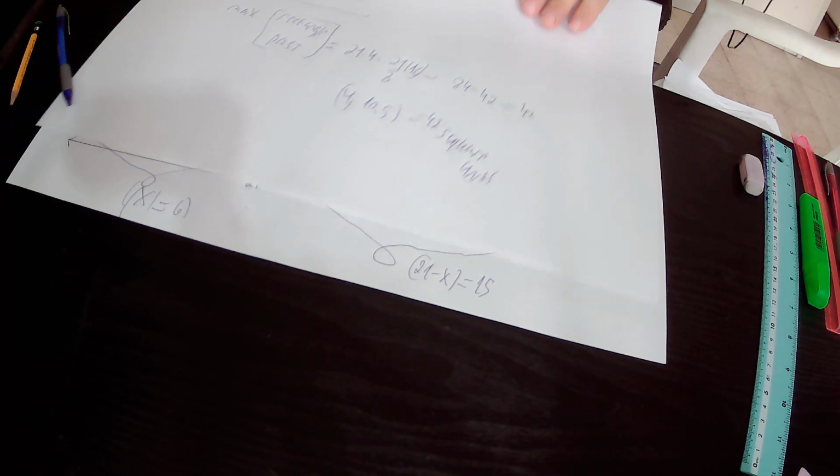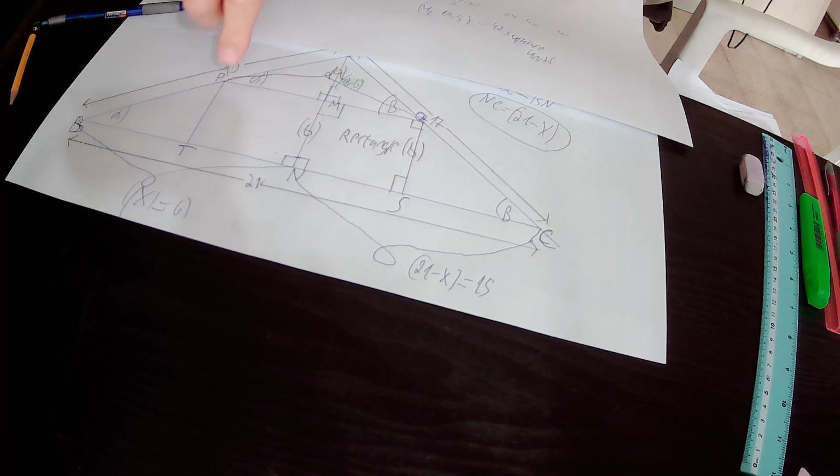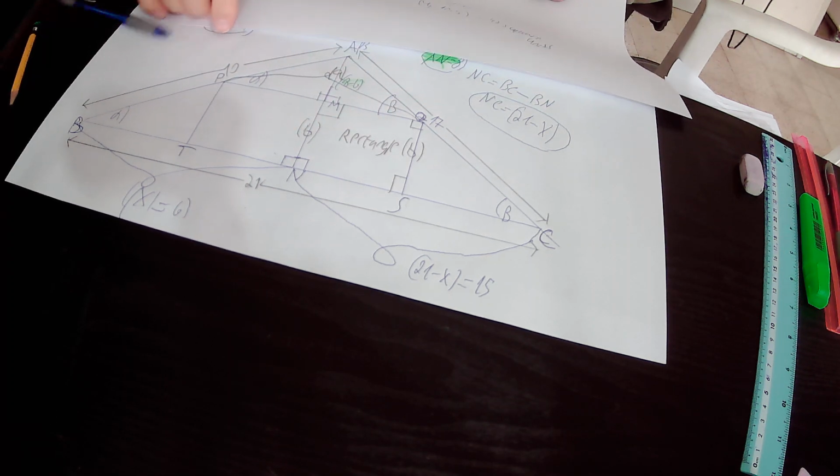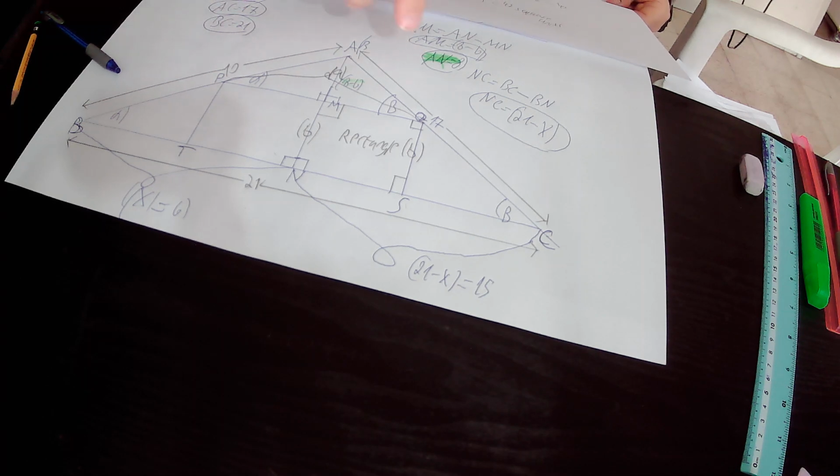So the maximum area of this rectangle PQST is equal to 42 square units, and in this case the width of this rectangle PQST, that is to say QS, which is equal to b, equals to 4 units in itself, and the length PQ, that is a, is equal to 10.5 units.